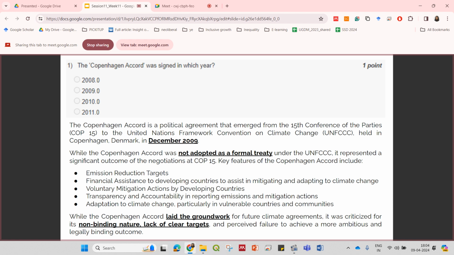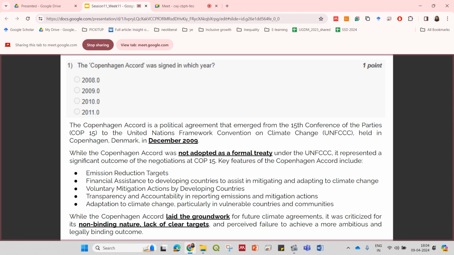The key features in the Copenhagen Accord were, first of all, setting emission reduction targets: what kind of targets should be achieved globally or by individual countries. Next would be what kind of financial assistance is required and should be given to the developing countries in order for them to further their steps in mitigating and adapting to climate change.